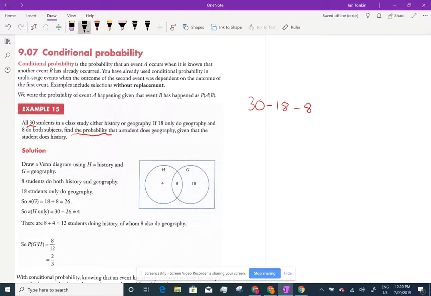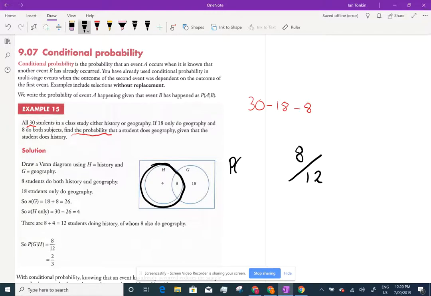So we're just looking at that circle. Now, how many students do history? Well, 12. So it's out of 12. And what's the probability that a student does geography from that group of 12? Well, there's 8. It's pretty obvious.